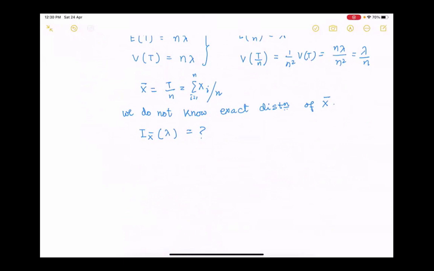Any idea how we can solve this problem? Using a Monte Carlo estimate to calculate the expected value will not be very helpful here.